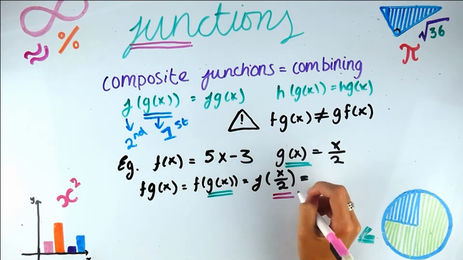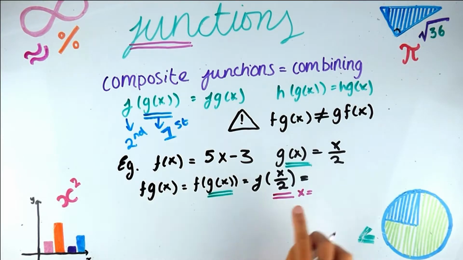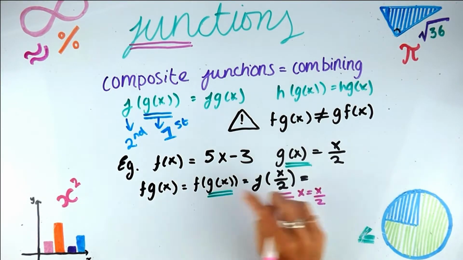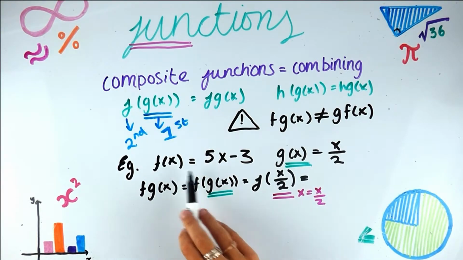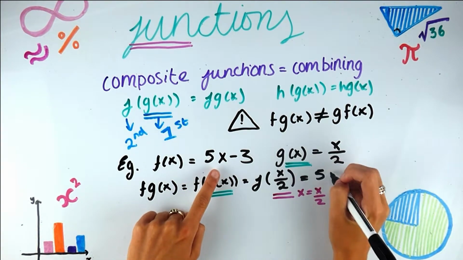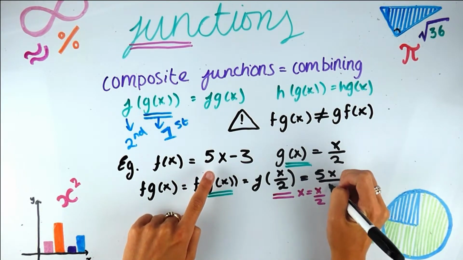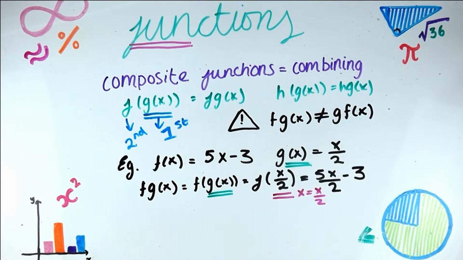So here we've got x, we're replacing the x in f(x) with x over 2. So anytime we see an x, we write x over 2. So f of x over 2, we have 5, I see an x, that becomes x over 2, minus 3. I hope that makes sense.